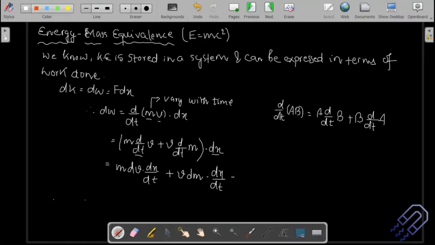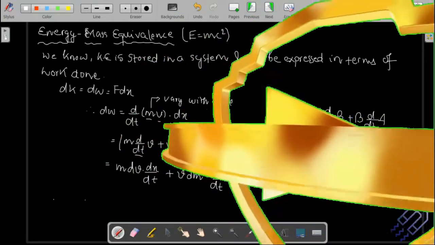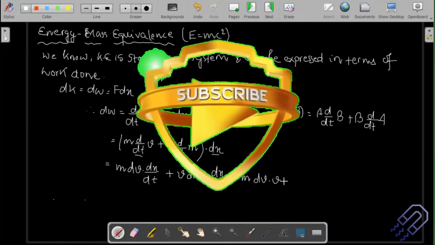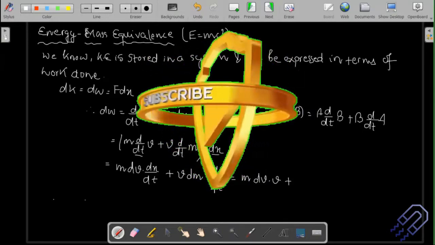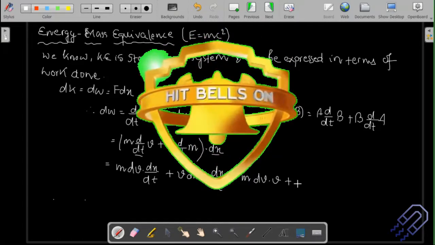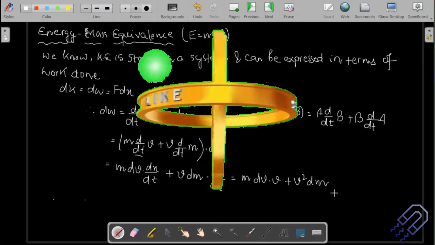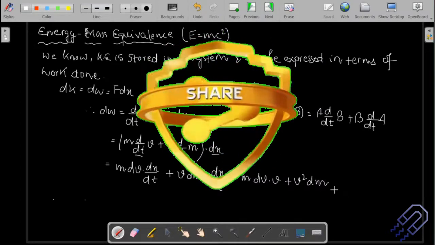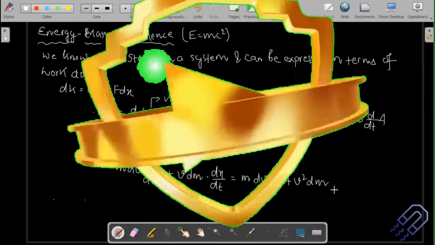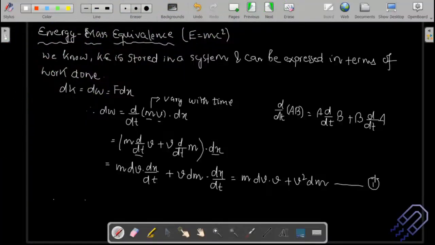So this would be nothing but m dv into dx by dt, which is v, plus dx by dt is v, so v times v is v square, into dm. So this is a normal maths problem, and I will mark this as number 1.